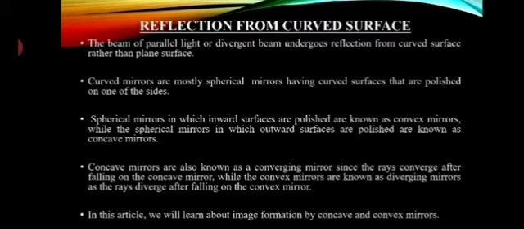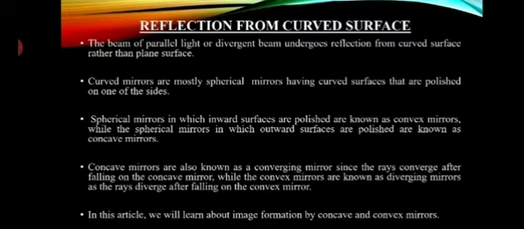Now, when we compare the plane surface and the curved surface, the plane mirror can be used only when the object is placed at a finite distance from the mirror. If you want to obtain an image which is far away from the mirror, you cannot collect the beam of light as you can for the curved surface.